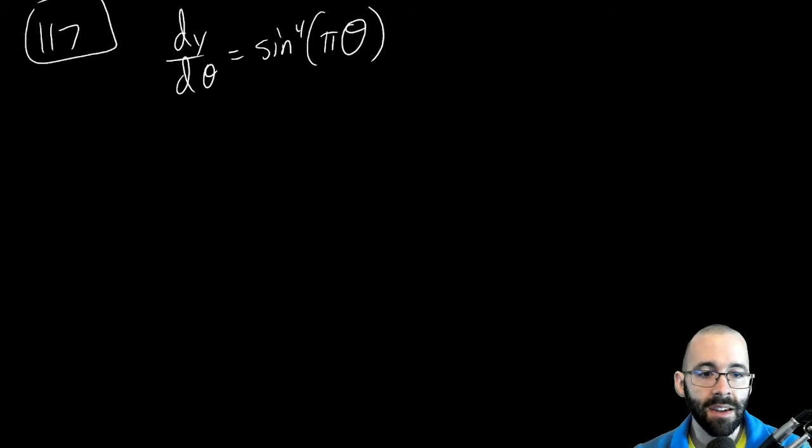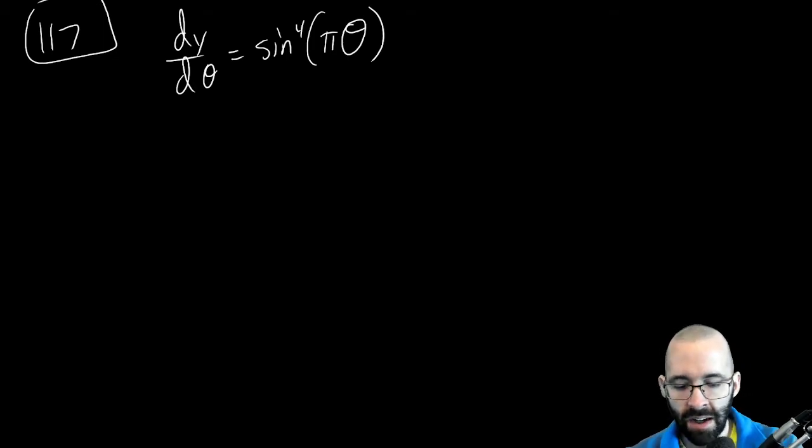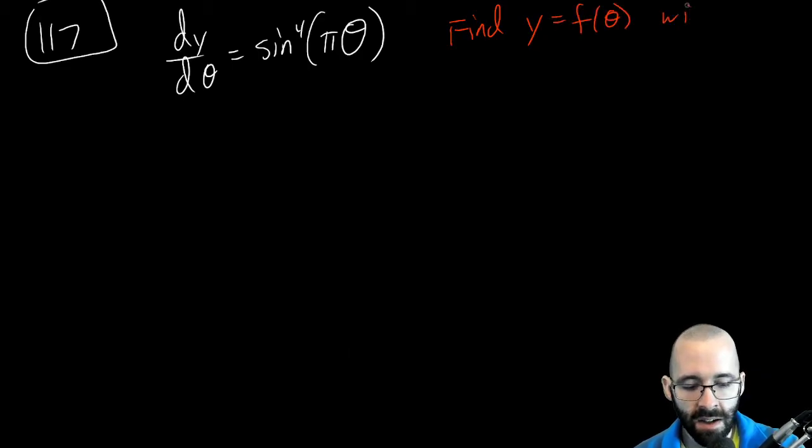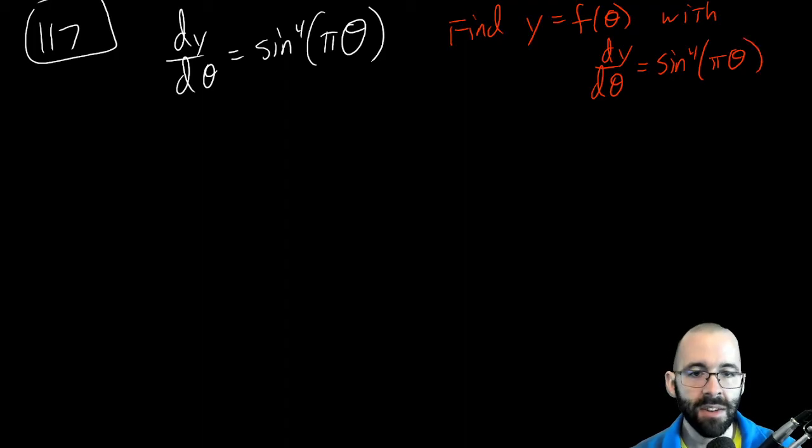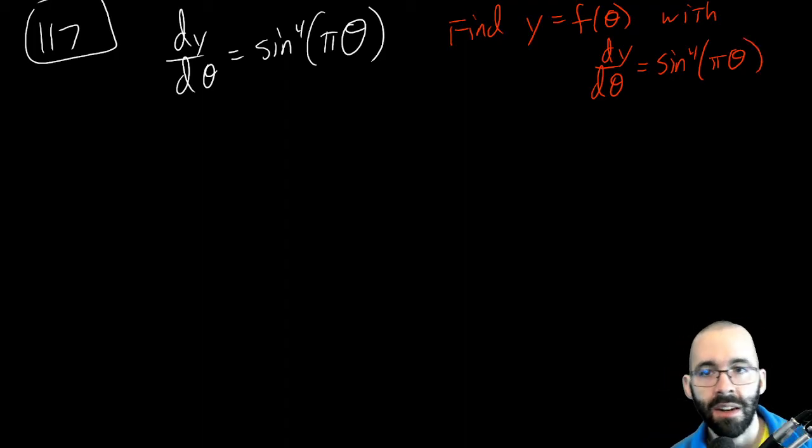That's all this is saying. Find a function y, some function of theta, whose derivative with respect to theta is sine to the 4th of pi theta. That's what solving a differential equation means here.